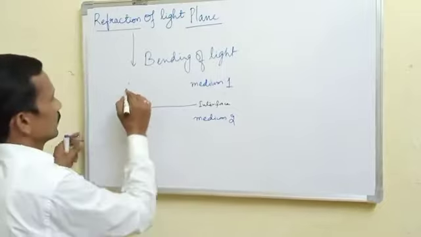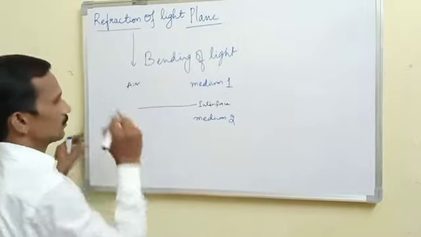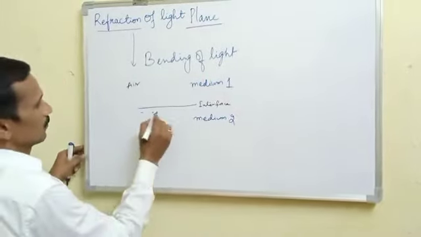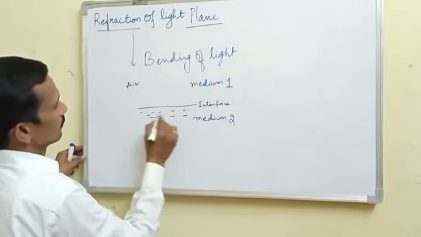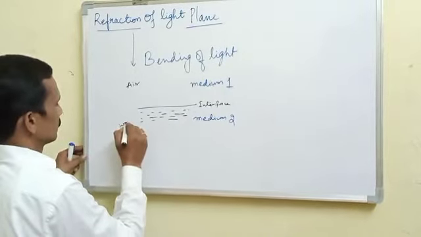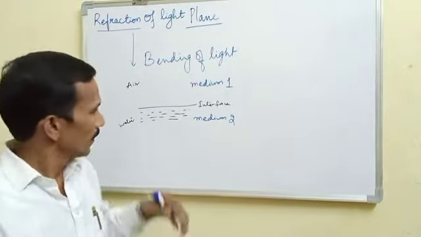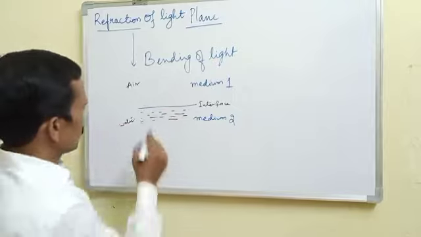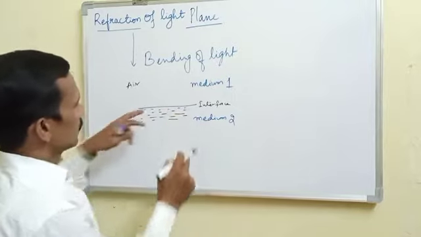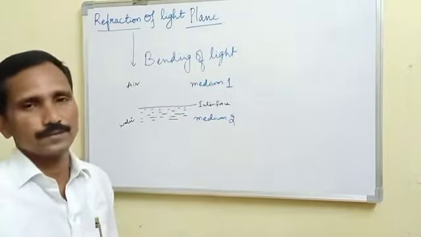Suppose here air medium is there, here water is there. So two mediums are there, air and water. This is the separating surface of two mediums, that is called interface.